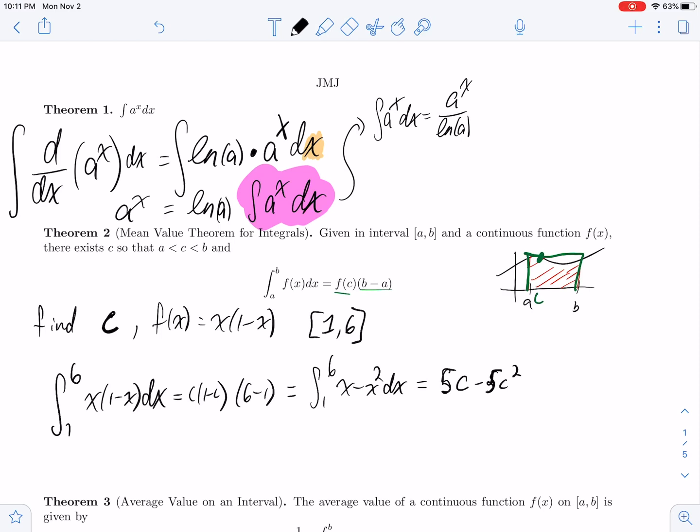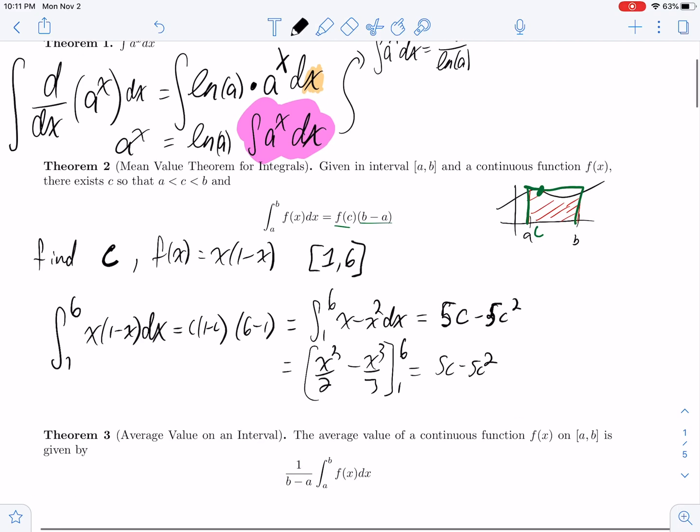Now I integrate the left-hand side. So this will be x squared over 2 minus x cubed over 3 from 1 to 6. And let this be equal to 5c minus 5c squared. And what happens is we plug our numbers in.